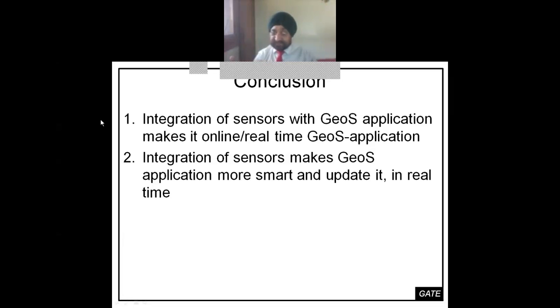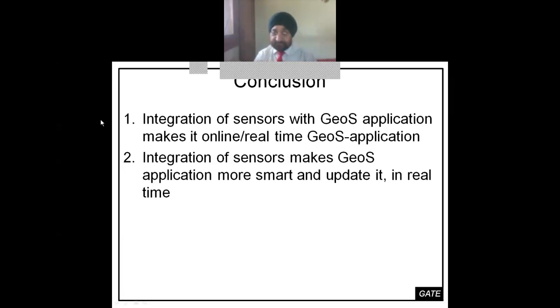The sensors give the input to the communication system, to the nervous system, to the central place, and it works in real time. If water is leaking at 12 o'clock, it will give the information right at 12 o'clock, whatever time the case starts, to the application. So it's real time.